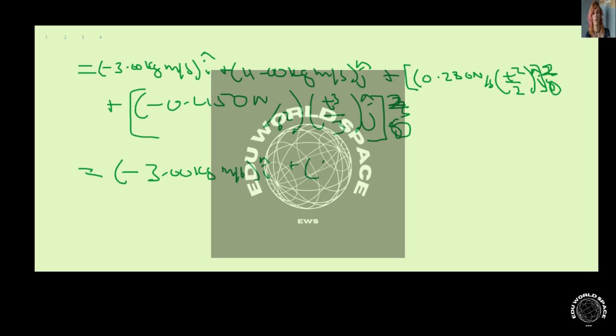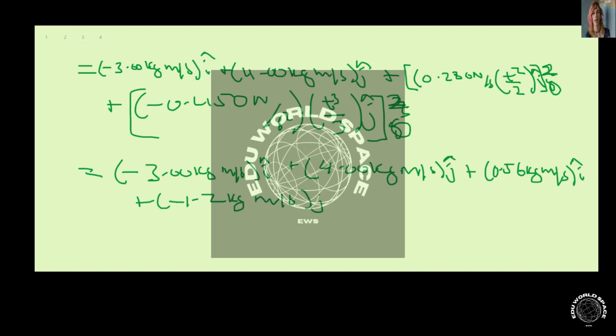Just tedious numbers, but you gotta be careful you don't make any mistakes. This is what happens in physics, it helps you keep track of all the values you're dealing with. So 0.56 kilogram meters per second i hat, and then plus negative 1.2 kilogram meters per second j hat.